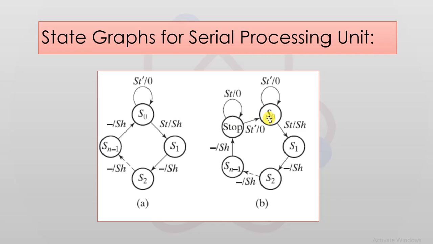So in this particular case, this stop state will ensure that the control remains in the stop state until the start signal returns back to 0. So this additional stop state would be required if your start signal remains at logic 1 at this particular point, so that you can bring it back to 0 in order to initiate the next set of additions.